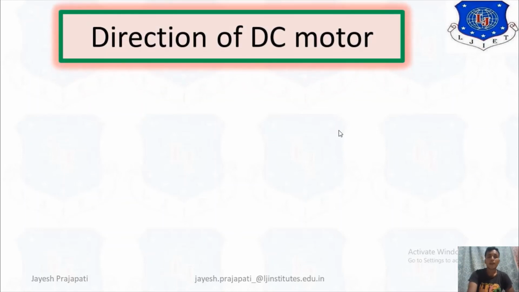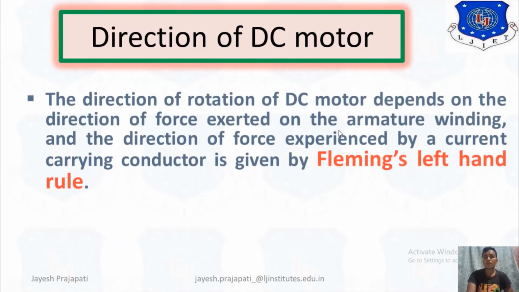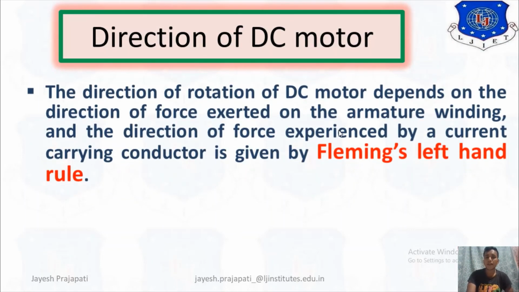The direction of rotation of the DC motor depends on the direction of force exerted on the armature winding, and the direction of force experienced by a current carrying conductor is given by Fleming's left hand rule.